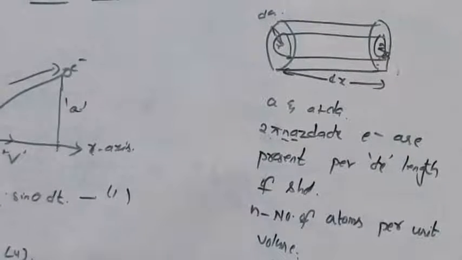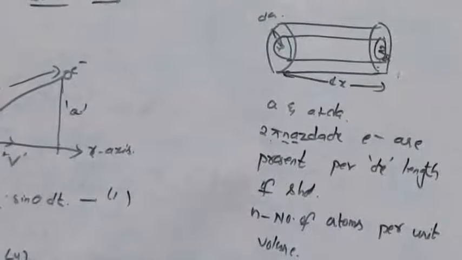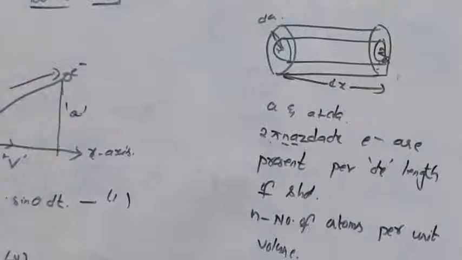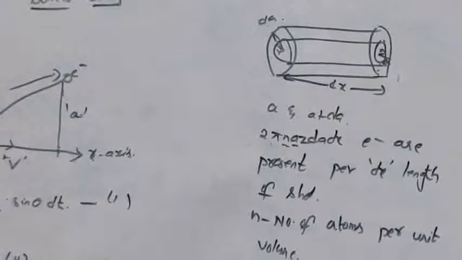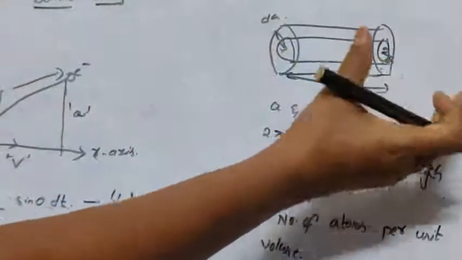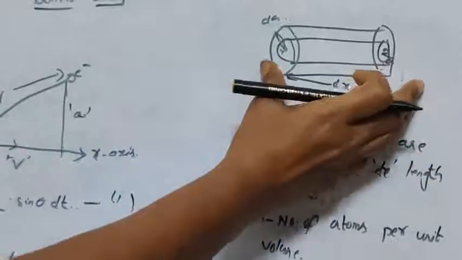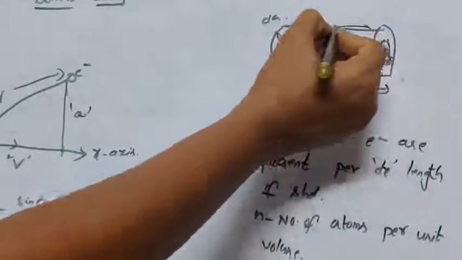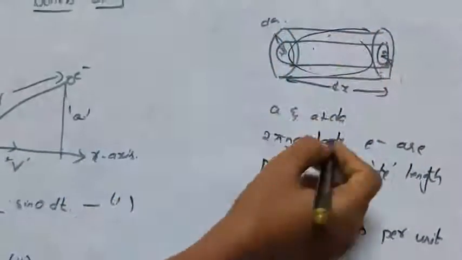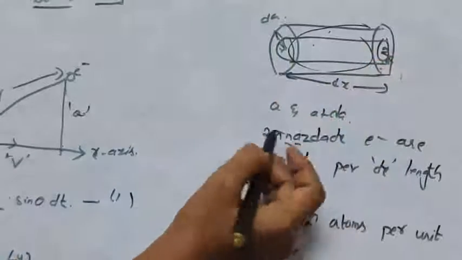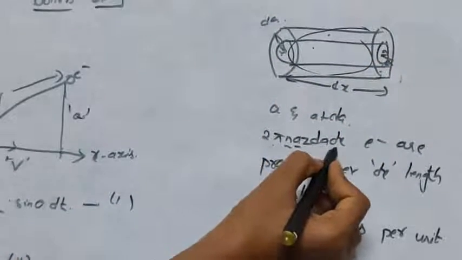And we have assumed that there are 2 pi N Z dA dx electrons present per dx length of the shell. That means over this entire surface, how many electrons are present in this shell? 2 pi N Z dA dx electrons.